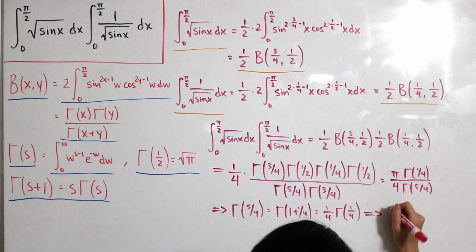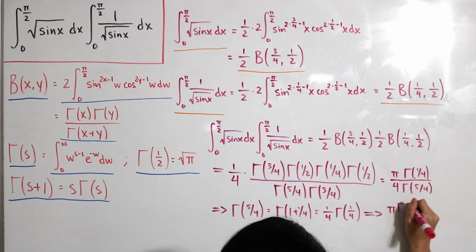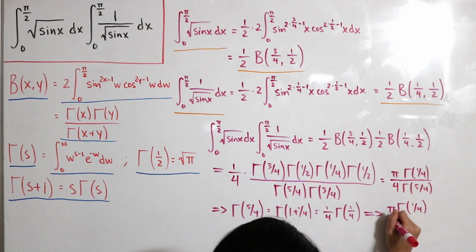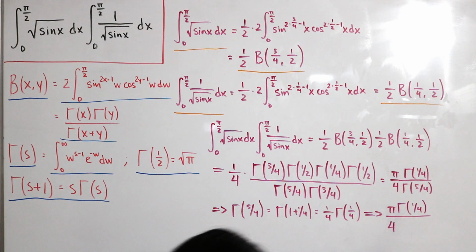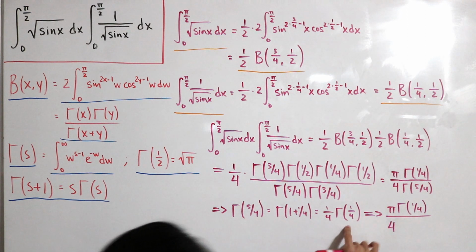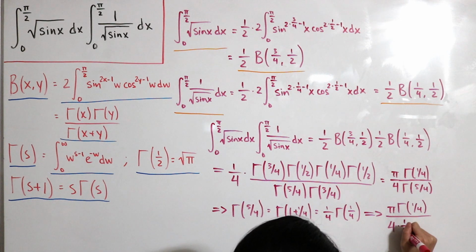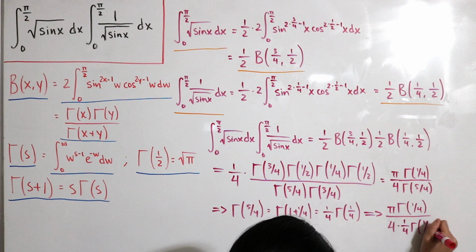Then from here we have pi multiplied by gamma of 1/4, divided by 4, replaced with our rewritten gamma of 5/4. Let's multiply with 1/4, then times gamma of 1/4.